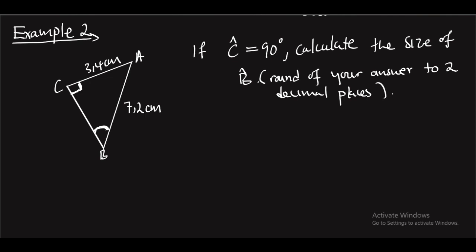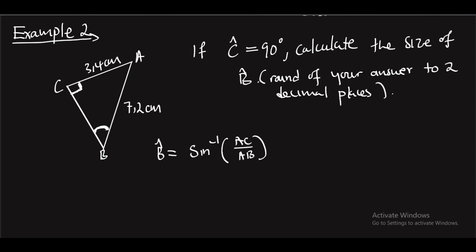We are going to use sine, because sine is opposite over hypotenuse. Remember that we are trying to find an angle. So we say angle B is equal to arc sine of AC divided by AB.